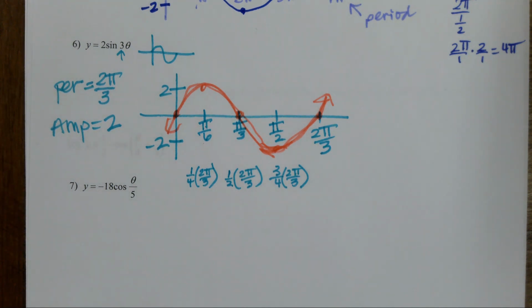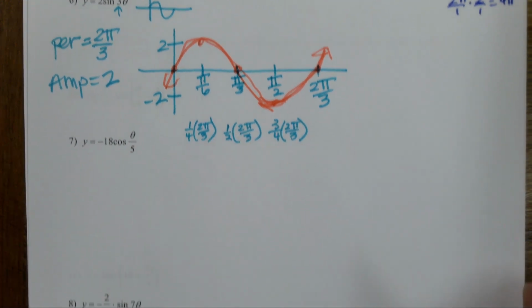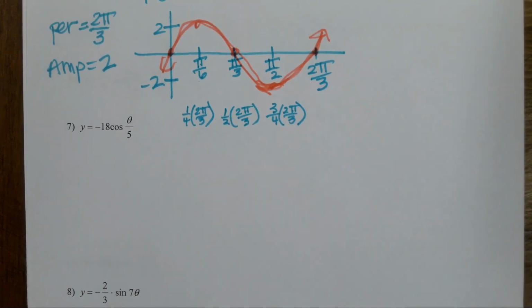So on the last two, we're getting some funkier numbers. And another thing that we're doing is we're throwing a negative in front. And the negative doesn't do too much other than it flips your graph. So if a regular cosine starts up at +1, a negative cosine is going to start down at -1. Okay, so just a little side note.